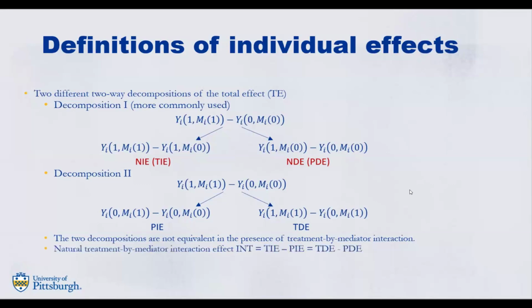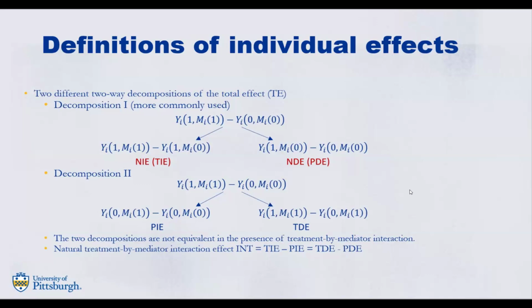And the difference between the two decompositions gives the definition of natural treatment by mediator interaction effect. This interaction effect is equal to the difference between the two indirect effects and is also equal to the difference between the two direct effects.